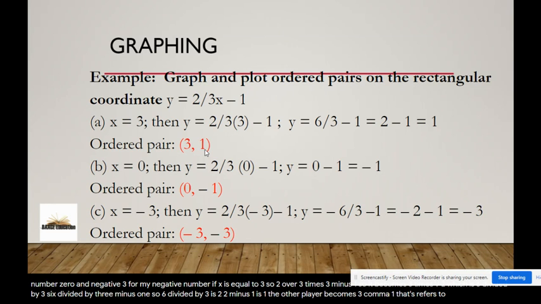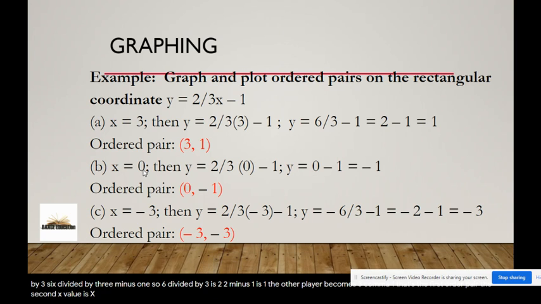That's the first ordered pair. The second x value is x equals 0. Replace x with 0 in the original equation: 2 over 3 times 0 minus 1. So it becomes 0 minus 1, and the answer is negative 1, creating the ordered pair (0, -1).